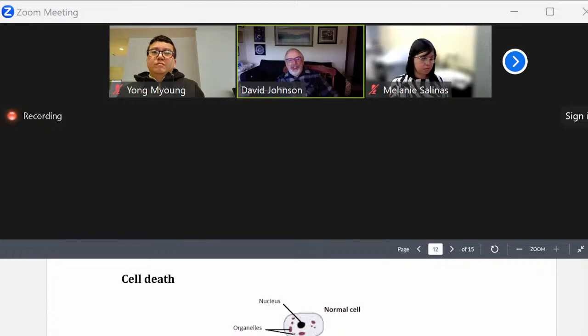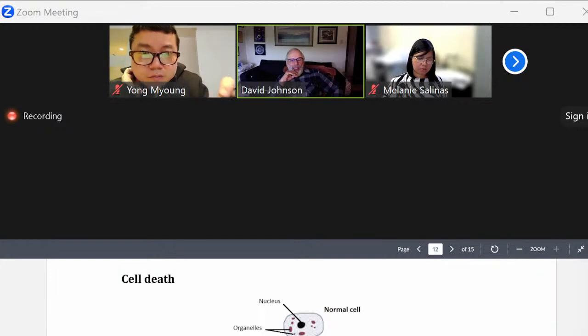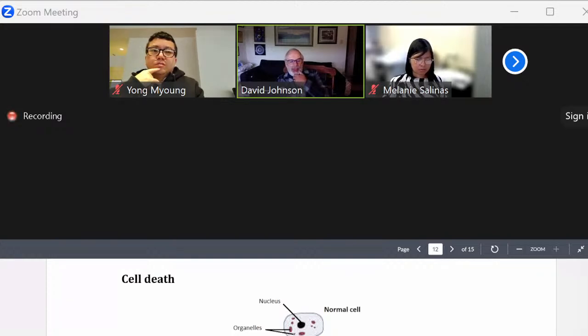If the cell is too damaged and beyond cell repair, there are two pathways that can take place. One is programmed cell death, which is referred to as apoptosis, and then there's non-programmed cell death, which is referred to as necrosis.